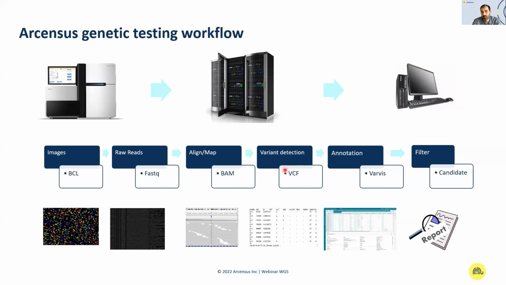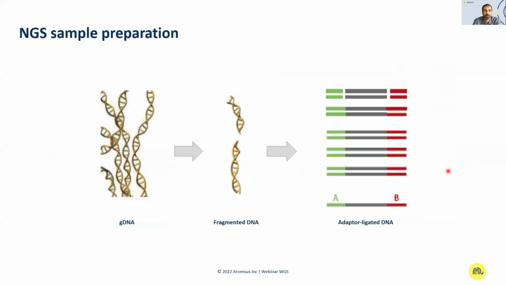These files with information on variants need to be annotated to provide some context to those variants. Then the filtering and prioritization of these large files is done by the geneticist to identify the candidate genes that could explain the symptoms. I will try to go through those steps in the next slides.